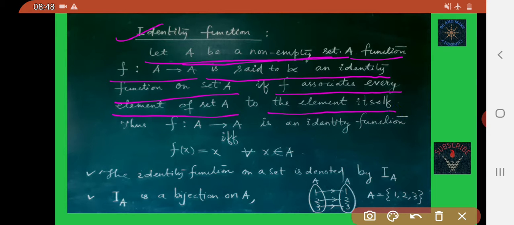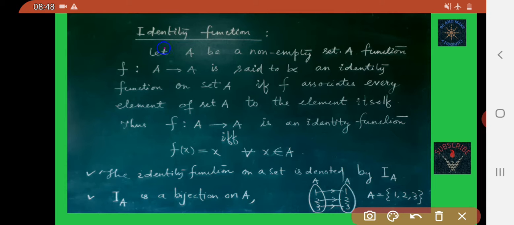Then we say the function is an identity function. So a function mapping from A to A is an identity function if and only if f of x is equal to x for all values of x belonging to A.